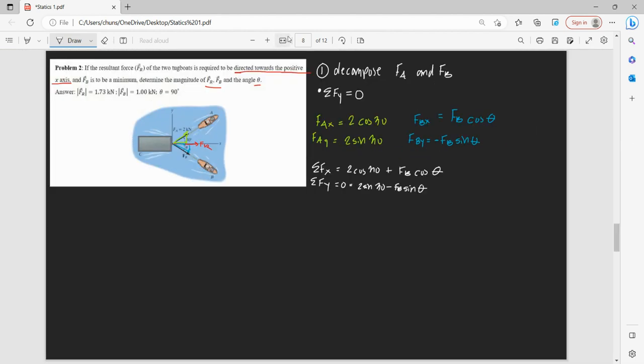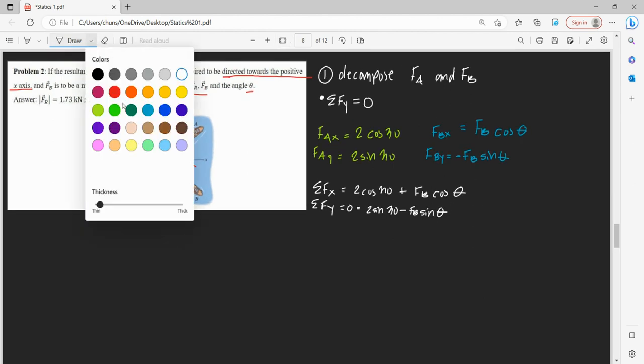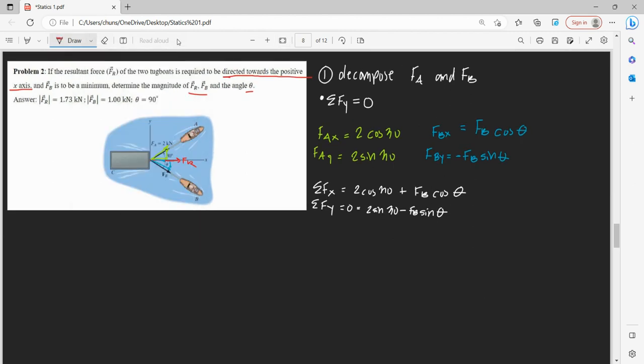So step 2 is to look at this equation right here. We're going to take a look at this one because we can actually solve and isolate for our Fb. So when we rearrange, that will give Fb sine theta equals 2 sine 30.